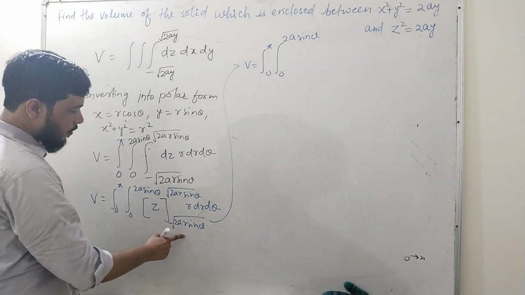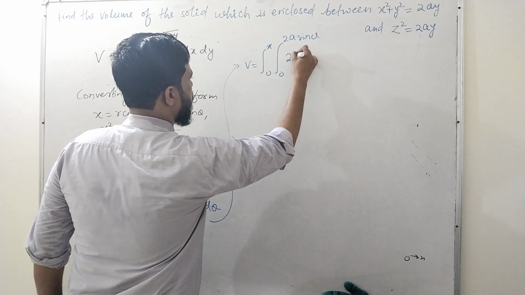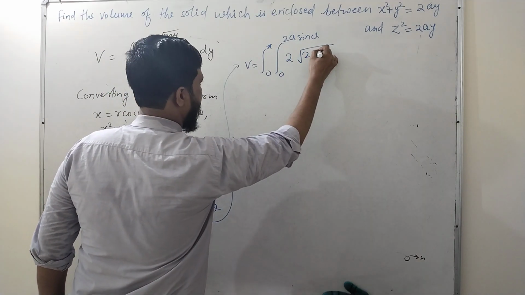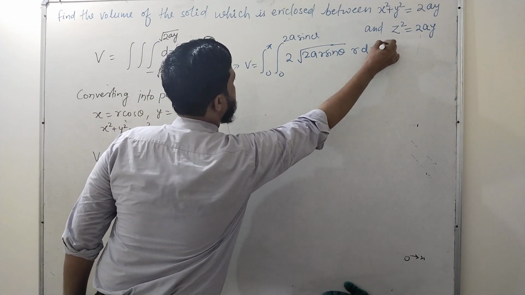Upper limit minus lower limit, minus minus becomes plus, so this is 2√(2a r sin θ) r dr dθ.